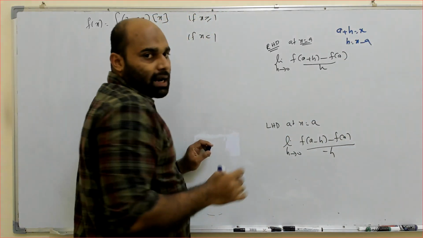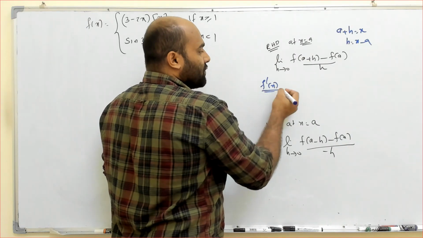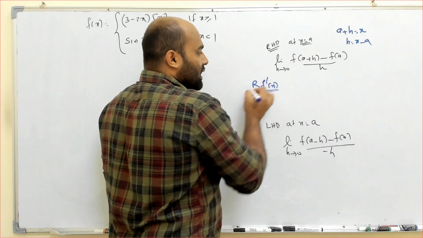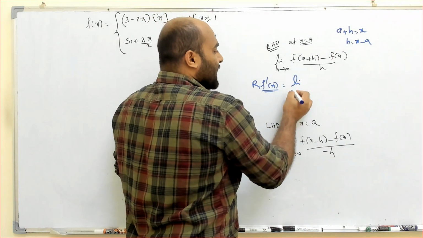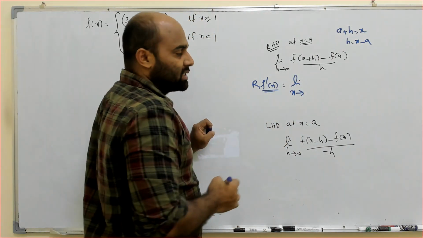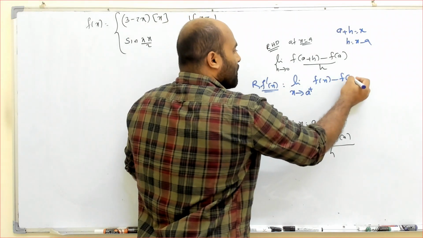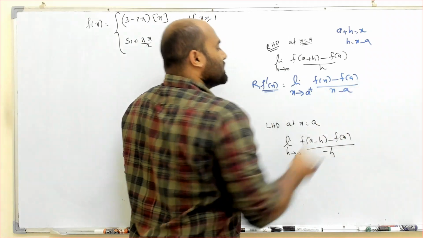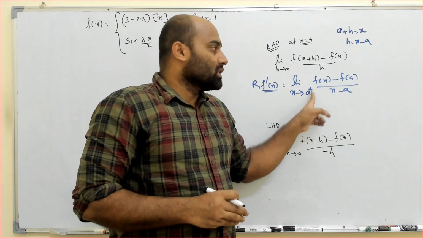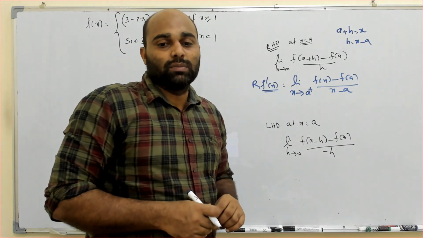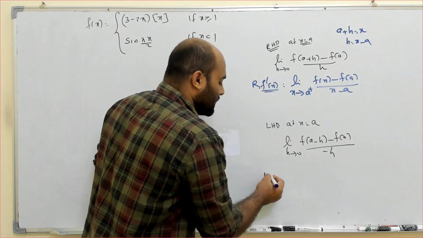So you can write it like this also: f dash of x, or we can write R f dash of a, as limit x tending to a plus of f of x minus f of a by x minus a. This result you can use. It is easy. A plus means right limit. Last class I told you about this one, and you can write this one also like that.